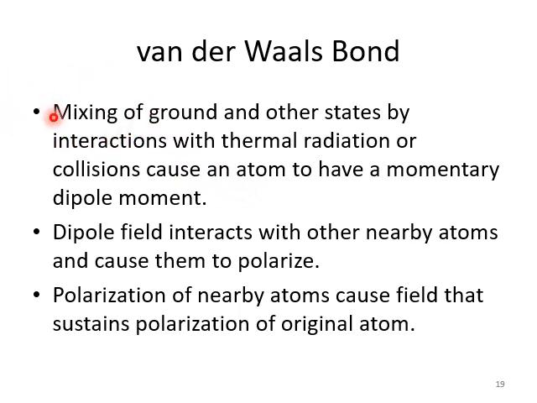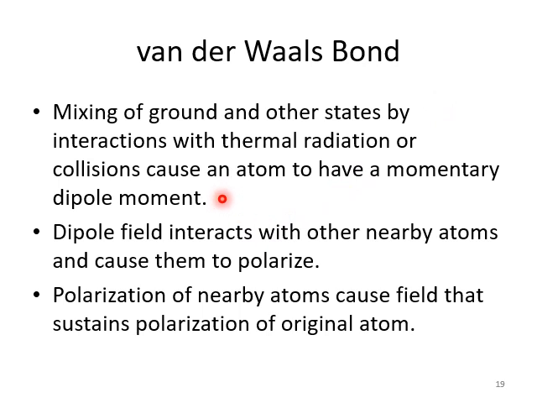We start out with a nice symmetric atom, and because that atom is sitting in a bath of thermal radiation, it can gain a momentary dipole moment due to a mixture of two states. This thermal radiation causes two states in the atom to mix a little bit, with the result that we have a dipole moment.